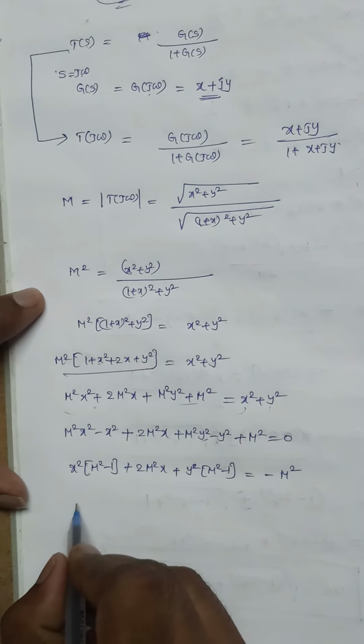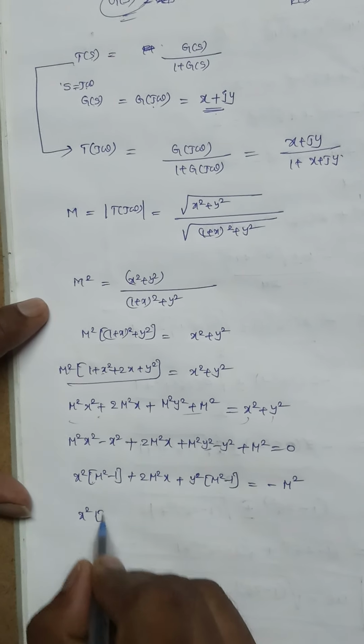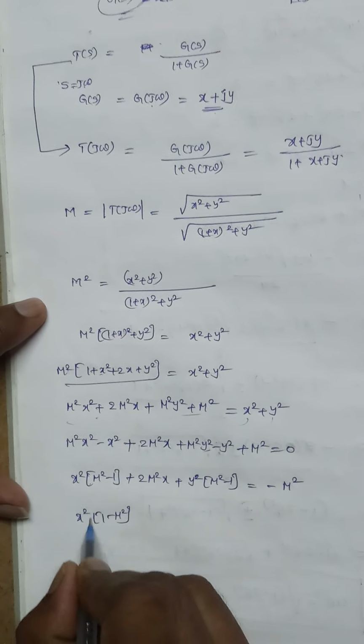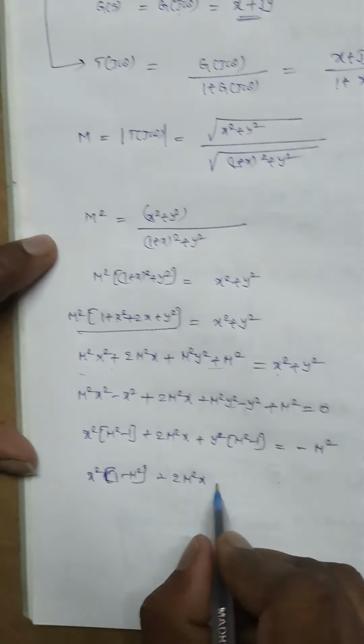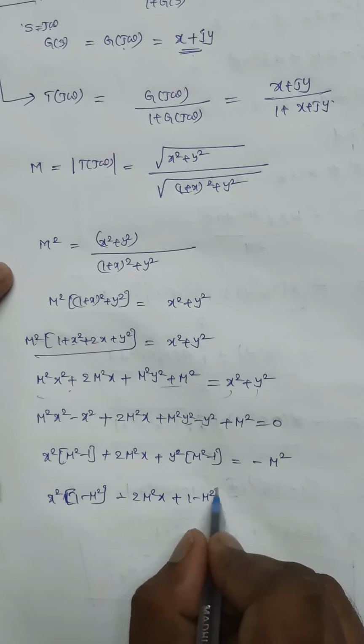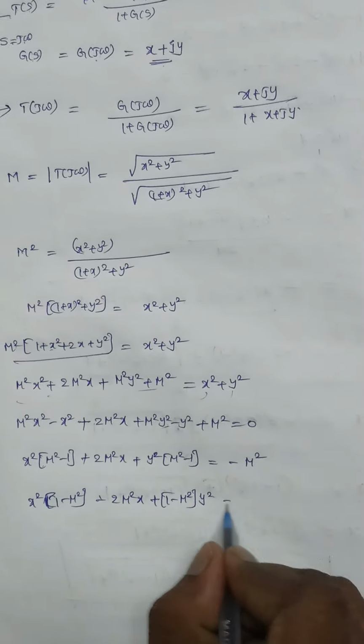and multiply this equation with minus 1, then I will get x square into (1 minus M square) minus 2M square into x plus (1 minus M square) into y square is equal to M square.